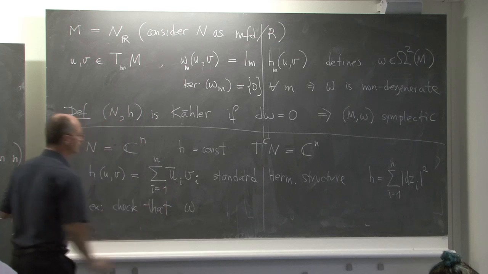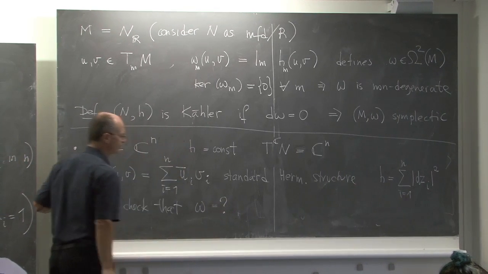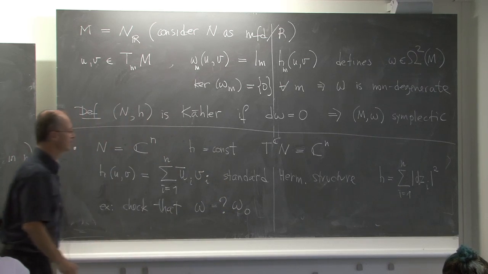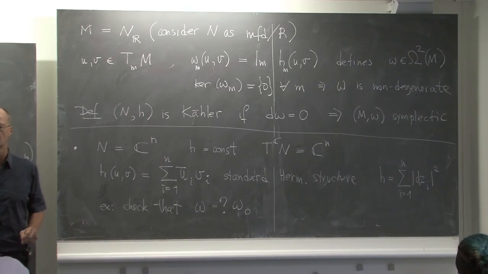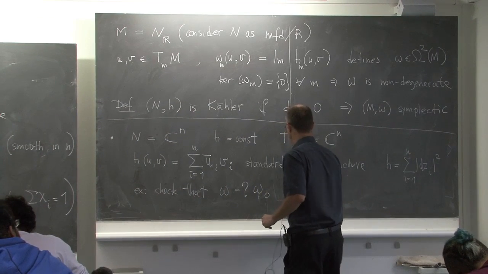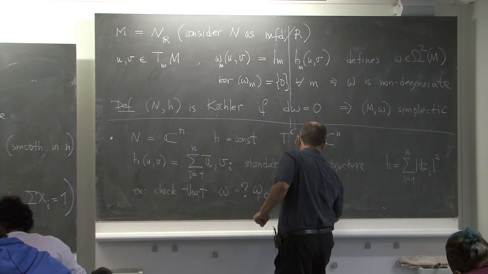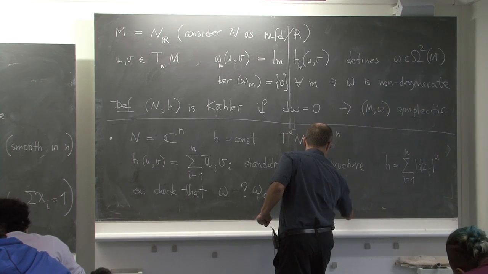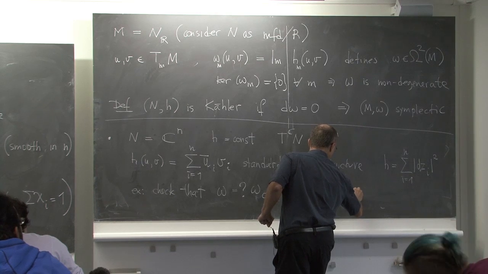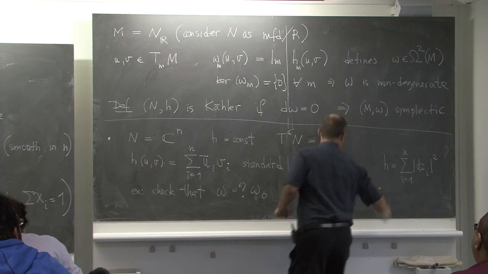Check that the corresponding omega is, up to a multiple, maybe 1/2, I'm not quite sure, coincides with omega 0, the standard symplectic structure on R^2n, for the following choice of coordinates.